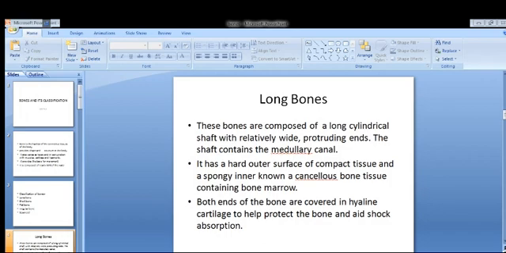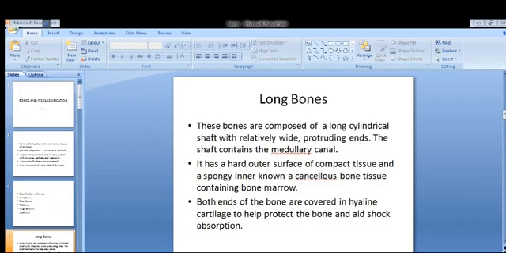It contains the bone marrow, which is soft in comparison to the outer surface. This spongy inner surface contains the bone marrow, a very important part of the body, right?